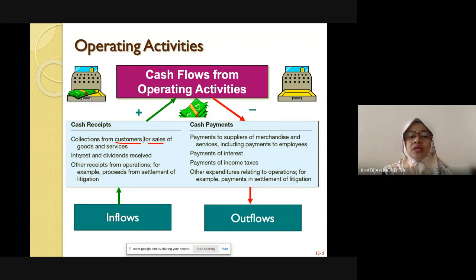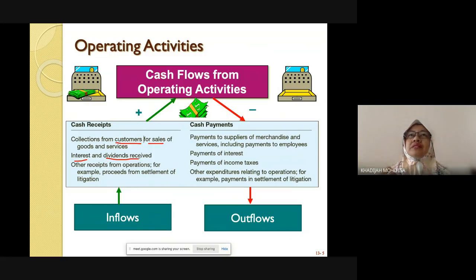But also, if you have any interest income, since you're talking about receipts, or any dividend received, that's why it's a cash receipt. When you have an investment in another company and that company pays you dividends, the dividend received is actually part of your operating activities. You may also have other receipts from operations, for example, proceeds from settlement of litigation.